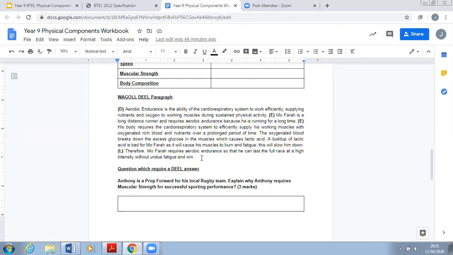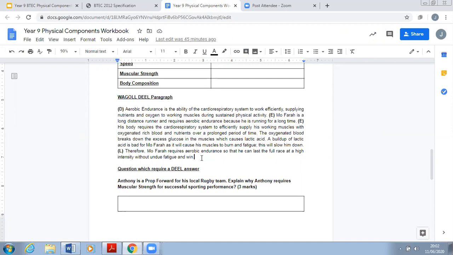His body requires the cardiorespiratory system to efficiently supply his working muscles with oxygen-rich blood and nutrients over a prolonged period of time. We've now got our second mark. Okay, we've shown a deeper understanding of why aerobic endurance is important for Mo Farah.